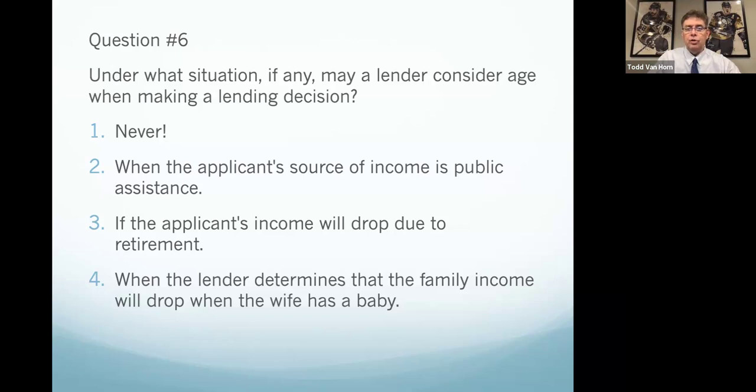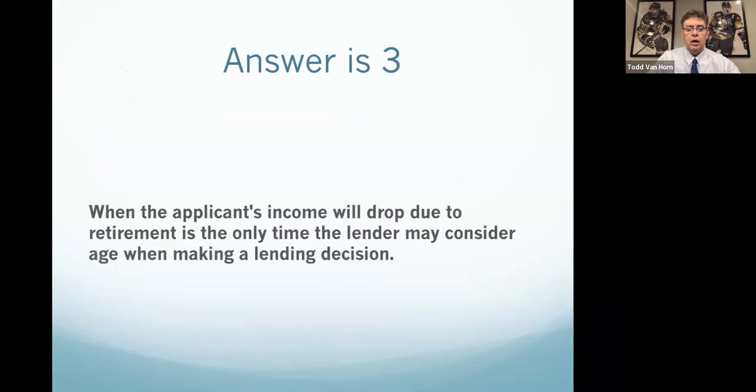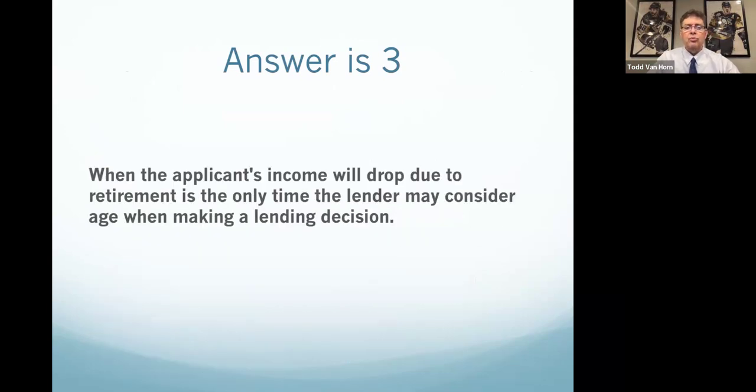Okay, your answer for question number six is number three, when the applicant's income will drop due to retirement is the only time the lender may consider age when making a lending decision.